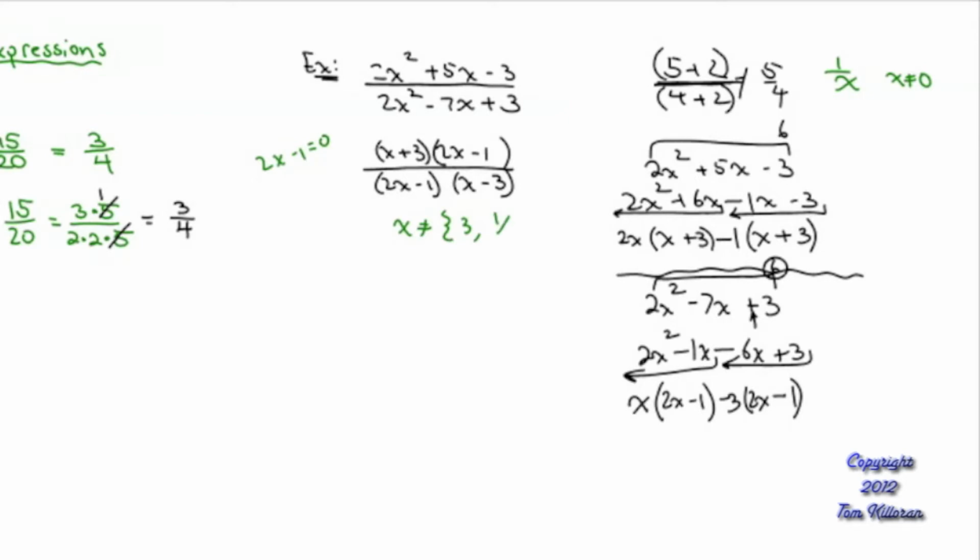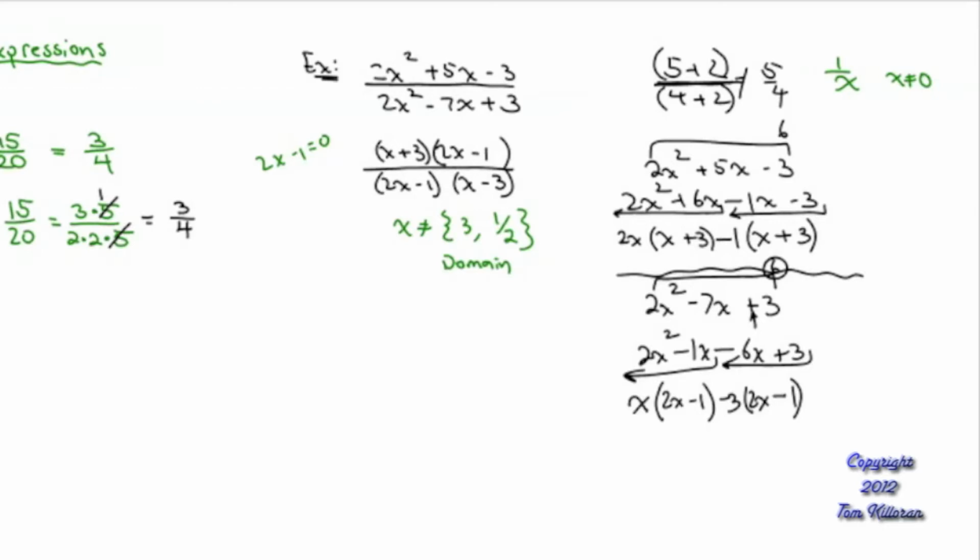So we definitely don't want x to equal 1/2, because that will give me a 0 in the denominator. 2 times 1/2 is 1. 1 minus 1 is 0. I don't want that to happen. So I'm going to kick these two out. This is called the domain. I need to know what values of x are going to work, and I also need to know what values of x are not going to work. So I can't use those two values.